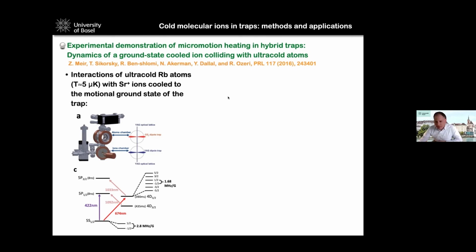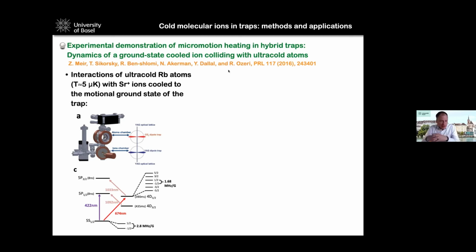And one experiment to first explore these kinds of phenomena in the ultracold regime is this seminal work from Roy Ozeri's group, which was the first hybrid trap experiment where they managed to combine ground state cooled ions, so ions which have been cooled down to the motional ground state of the ion trap, with ultracold atoms.